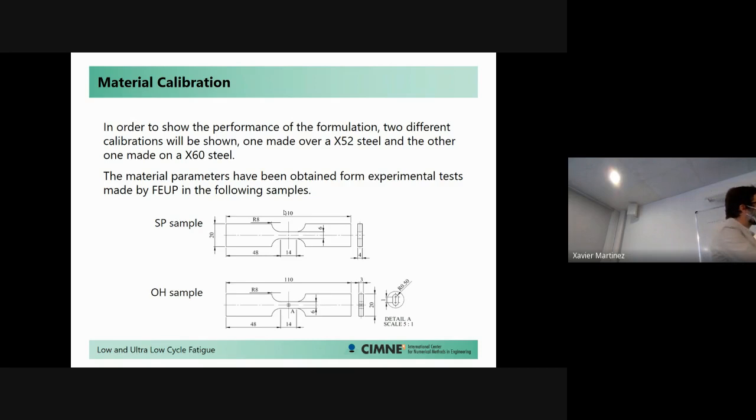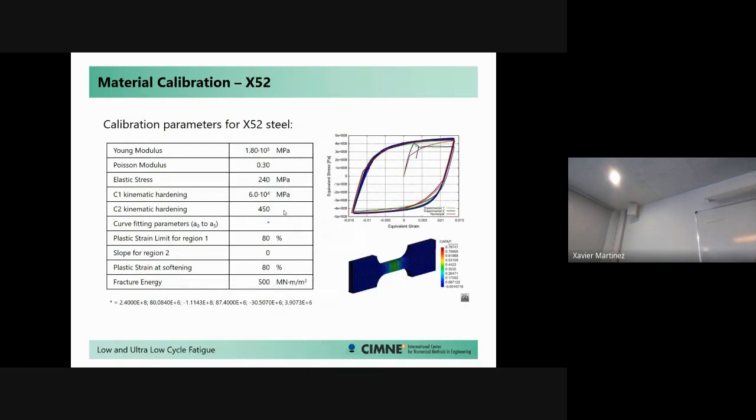What we've done is we have calibrated that model and all the parameters with one of the tests made on the sample here. The blue and green lines correspond to the experimental analysis. The red line corresponds to the numerical model. So it can fit quite well to the experimental data.